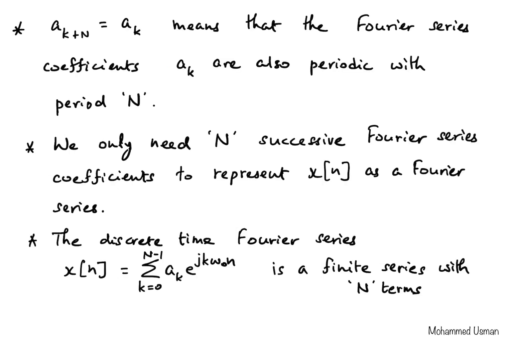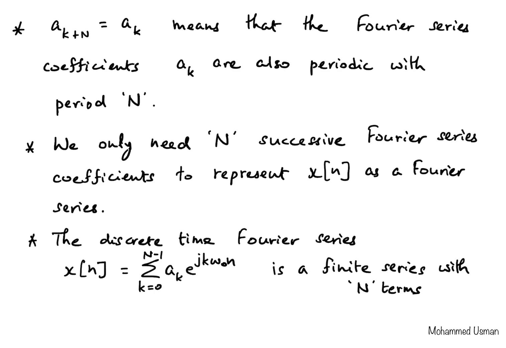As we said, the Fourier coefficients ak are also periodic with period n. Therefore, we need only n successive Fourier series coefficients to represent x of n. That is why we have the summation over a range of n successive values for k, and that can be chosen to be any range: 0 to n minus 1, or 1 to n, or 2 to n plus 1, and so on.